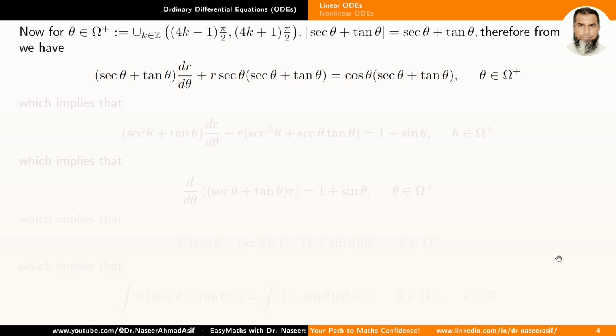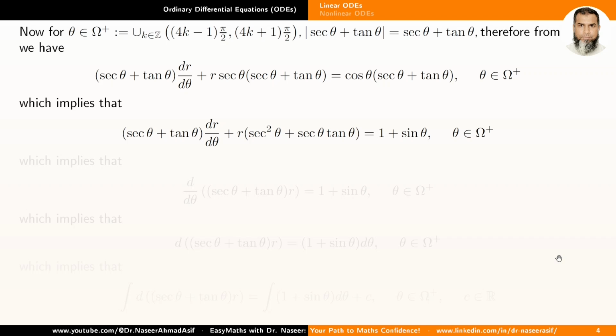Therefore, from equation 1.2 we have secant theta plus tangent theta into dr by d theta plus r secant theta into secant theta plus tangent theta is equal to cosine theta into secant theta plus tangent theta, where theta belongs to omega plus. So we have secant theta plus tangent theta into dr by d theta plus r into secant theta plus secant theta into tangent theta is equal to 1 plus sine theta, where theta belongs to omega plus.